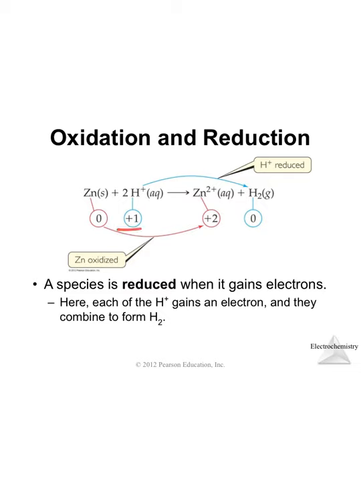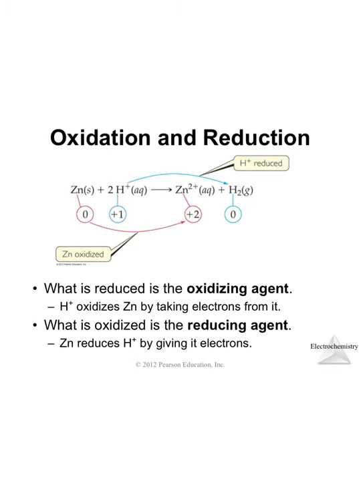So we're going from a +1 to a 0. In order to do that, we gain an electron if we go down in charge. And so what happens is zinc is oxidized and hydrogen is reduced.